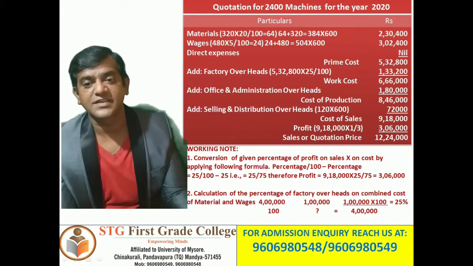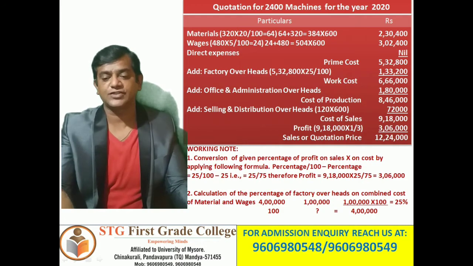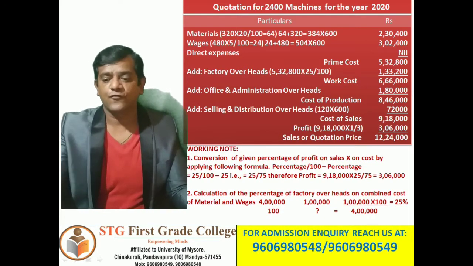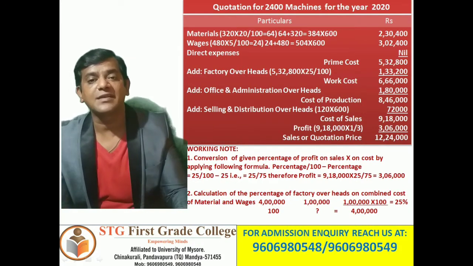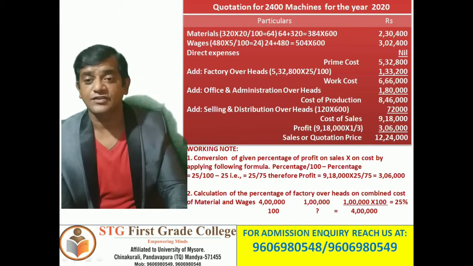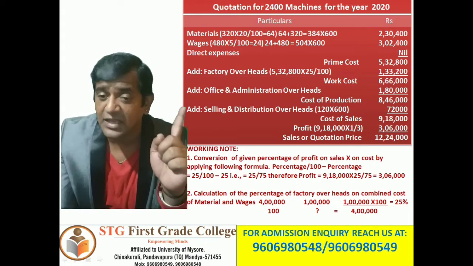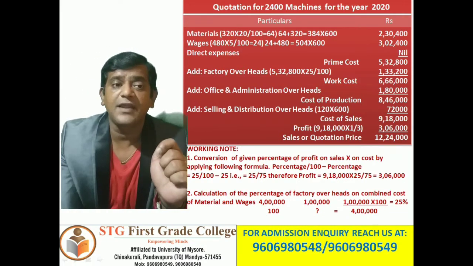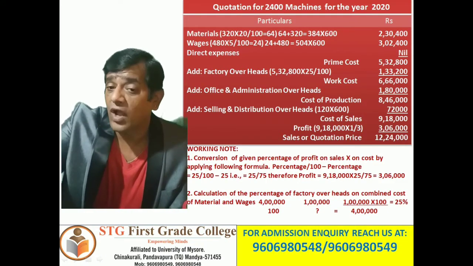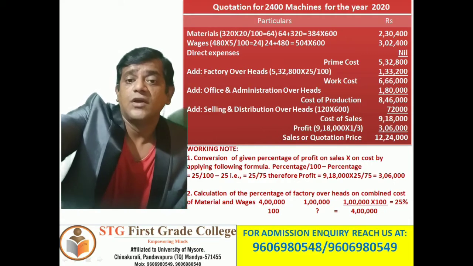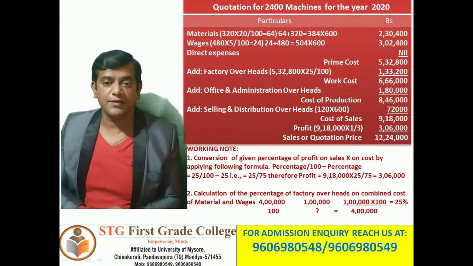So what is the percentage that has been increased? The percentage increased is 20%, correct? So for 20% you have to do the calculation. What was the cost per unit? 320 into 20 divided by 100.